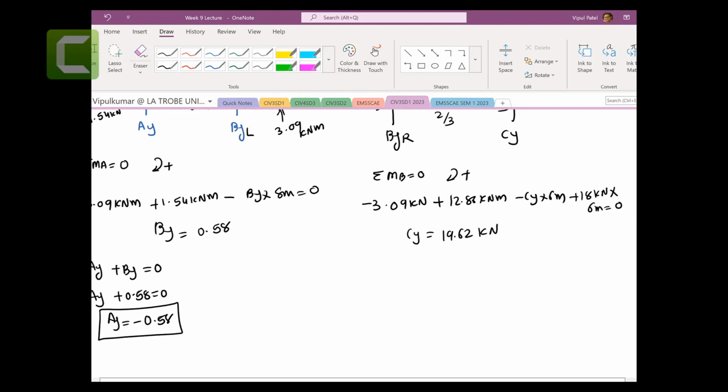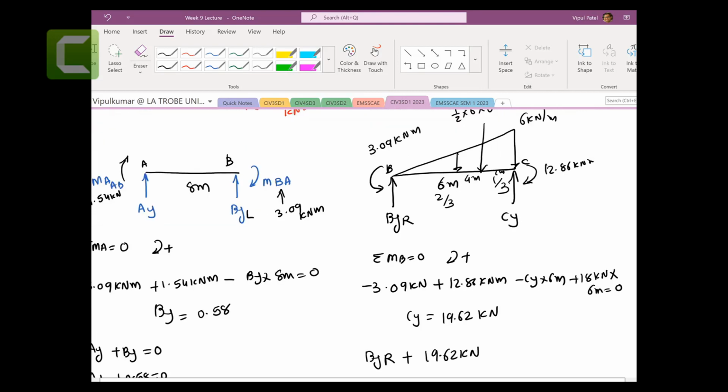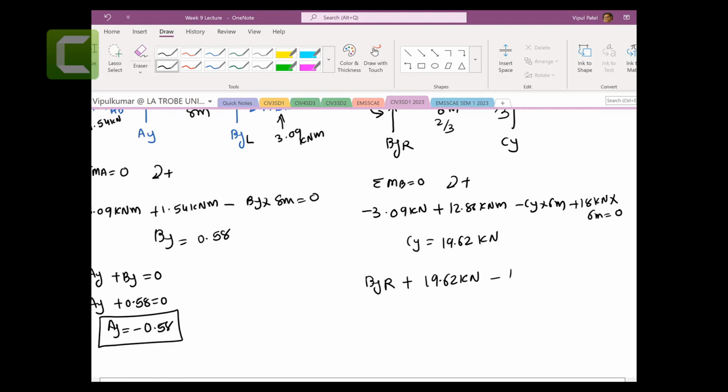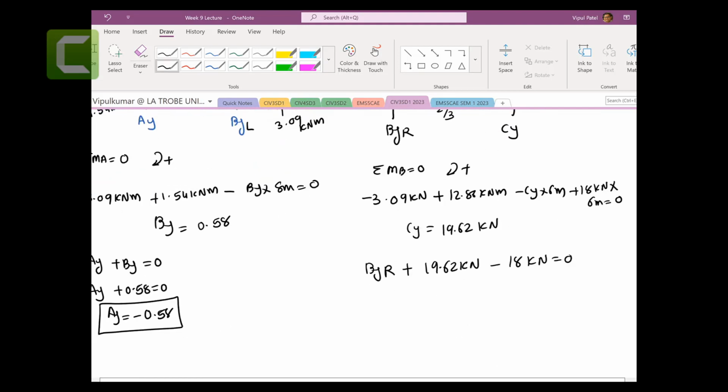Anyway, that's all good. So BYR going up plus CY also going up, which is 19.62 kilonewtons, and then coming down minus 18 kilonewtons equal to 0. So BYR equal to 19.62 minus 18, so 1.62, bring it across, minus 1.62 kilonewtons.